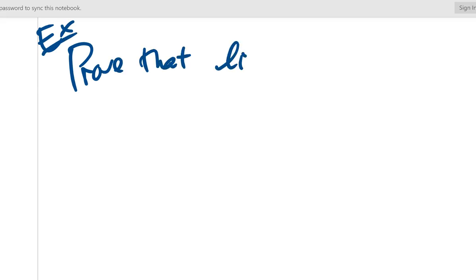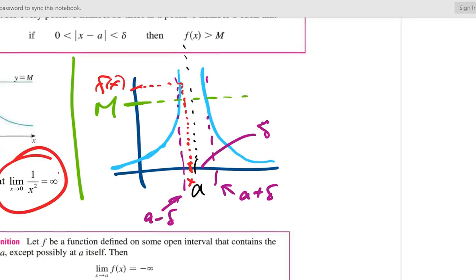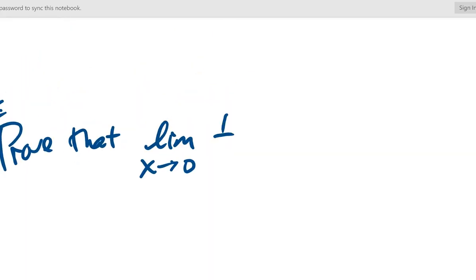So it says prove, an example, prove that limit as x goes to 0, which 0? Not from the right or left, just 0, of 1 over x squared is equal to infinity.